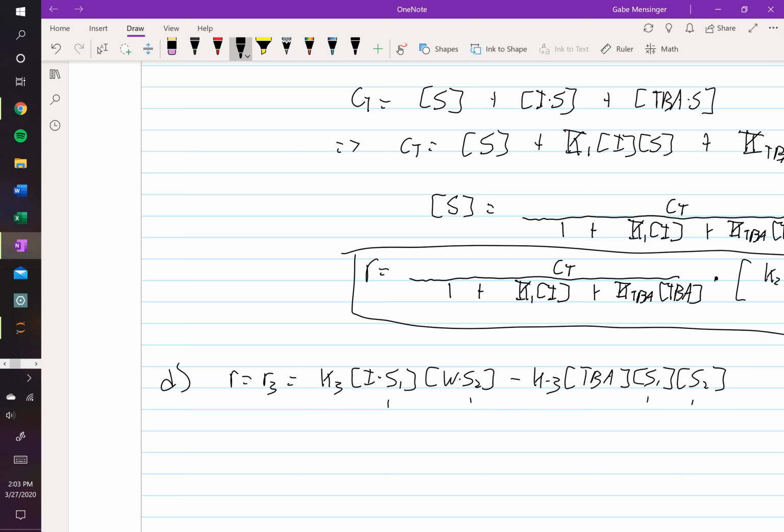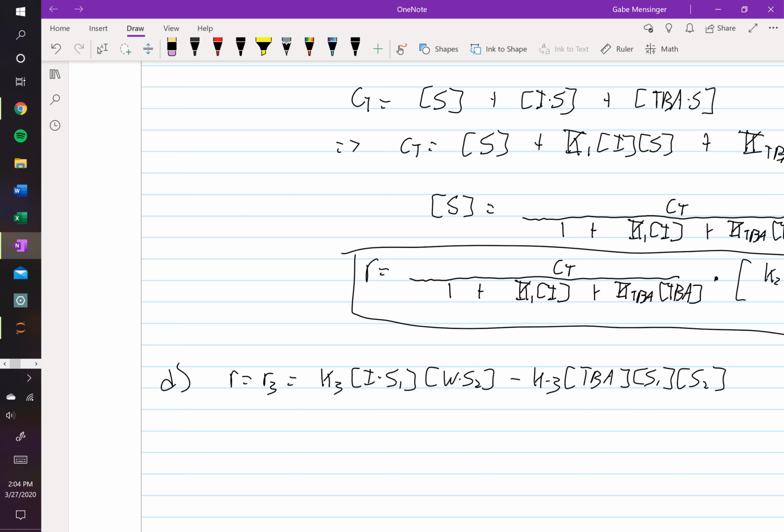And under normal circumstances, because both terms have at least two surface species, we would have to divide by CT. But he mentions in the problem statement that there's no need to divide by the total number of sites in the rate expression. And the reason for that is there are two different types of surface sites. Dividing by CT accounts for the probability of one species being on a surface over another. But in this case, we only have one species on one type of surface.